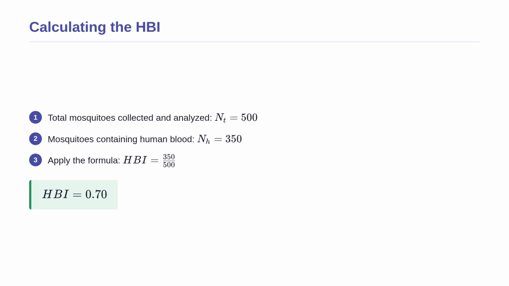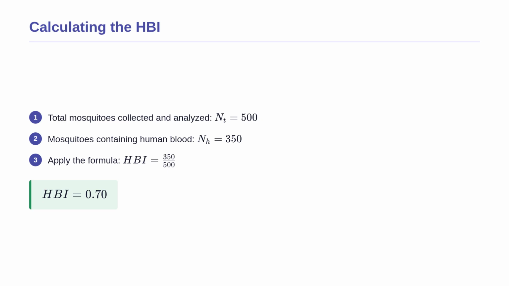We set up a simple division problem, placing 350 as the numerator and 500 as the denominator. Dividing these gives us 0.70. This final answer means that 70% of the time, this specific mosquito chooses to bite a human. It is highly anthropophilic and incredibly dangerous.